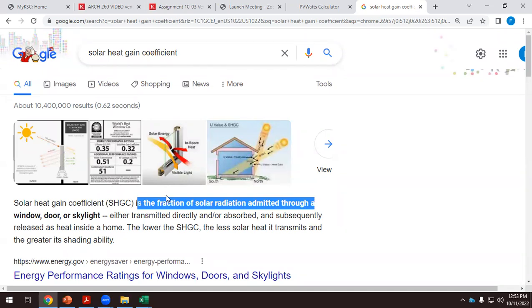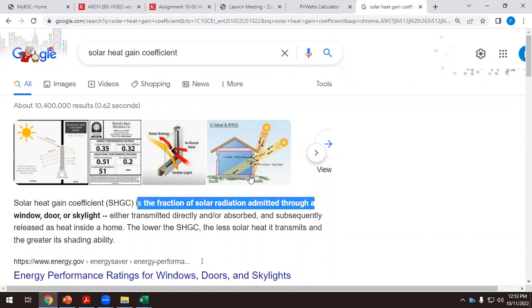We have a solar radiation outdoors, and then we have a window. So this window is transparent, kind of, but even a transparent window like this admits only like 80% of the solar radiation. If we have sunglasses, the solar heat gain coefficient of sunglasses might be 0.2 or 0.3, only 20 or 30% of the solar radiation goes beyond and gets to your eyes.